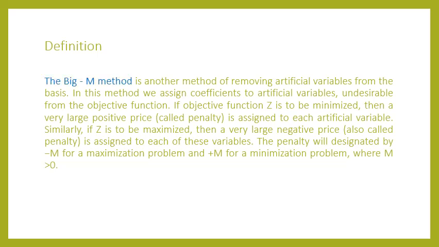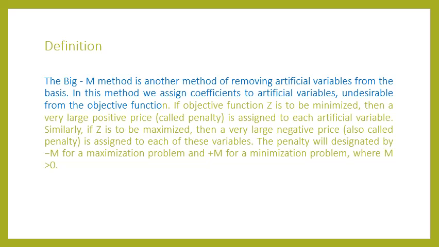The Big M method is another method of removing artificial variables from the basis. In this method, we assign undesirable coefficients to artificial variables in the objective function.